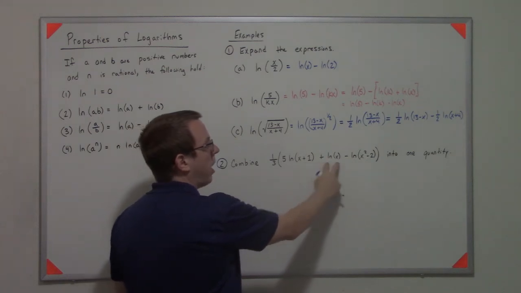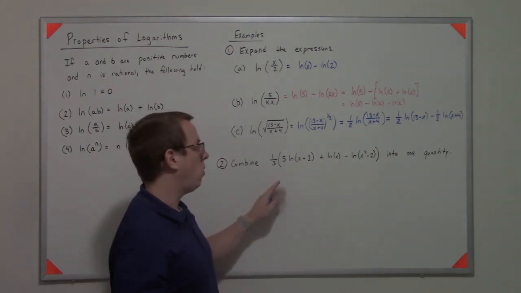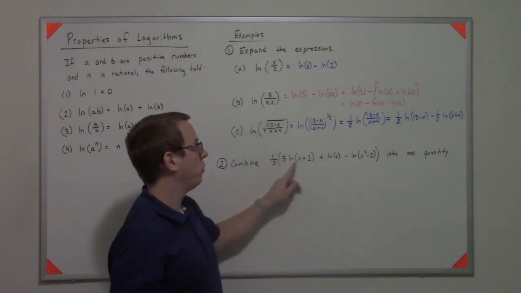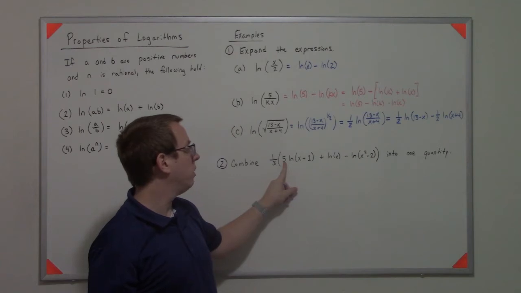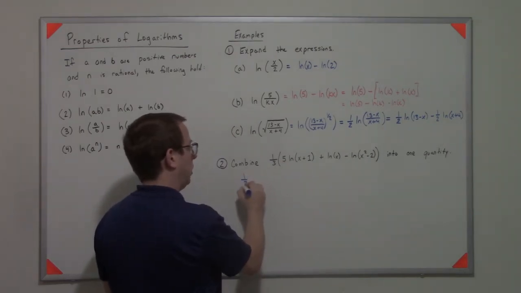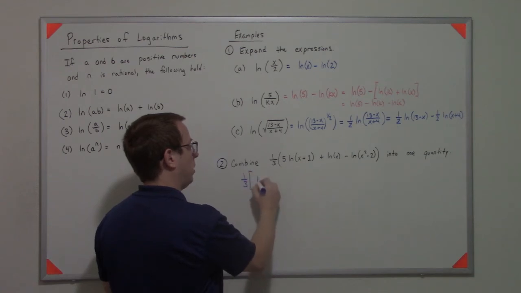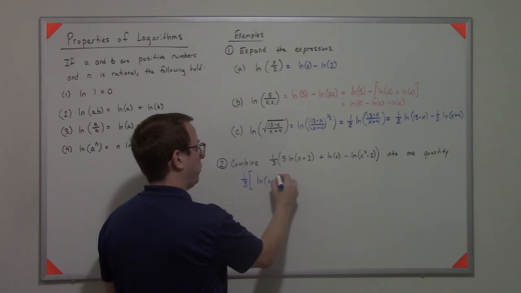Now, to combine all these, I've got to make sure that they all have the same coefficient in front, and they don't. This one has a 5 in front. So what I have to do is rewrite that as natural log of x plus 1 to the 5th.